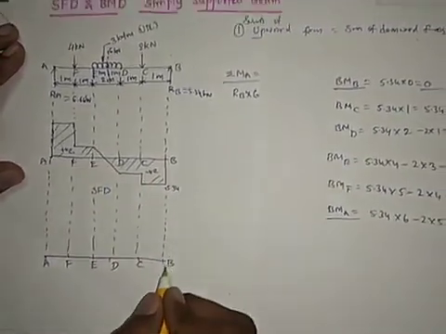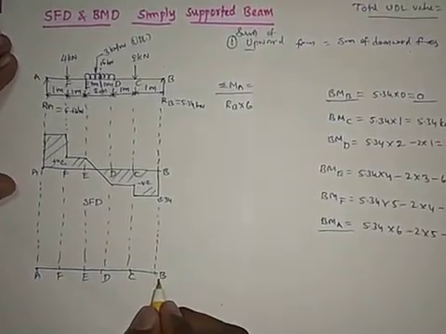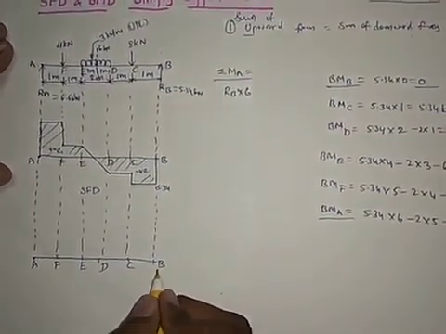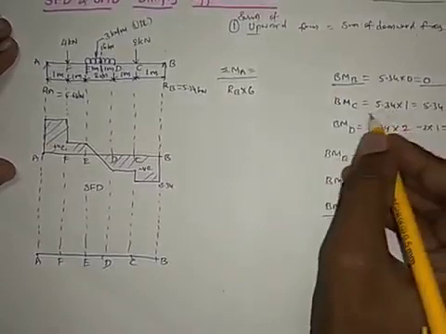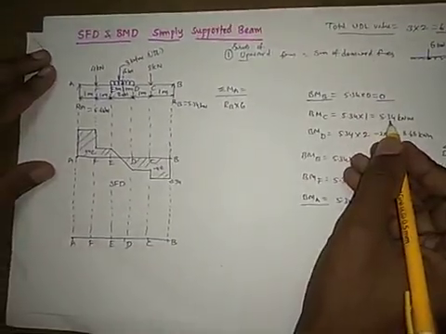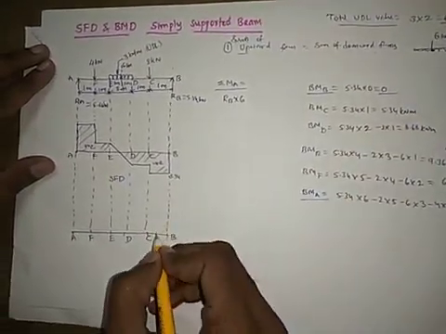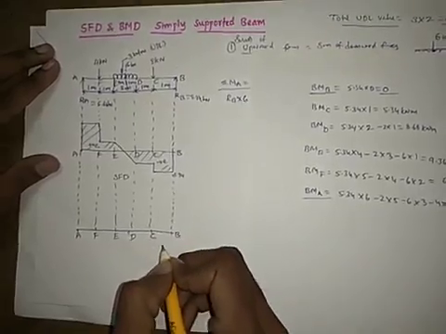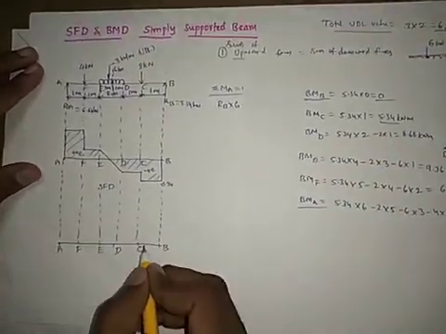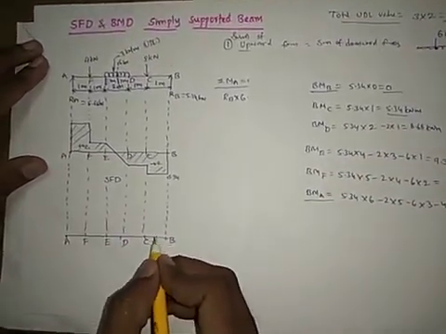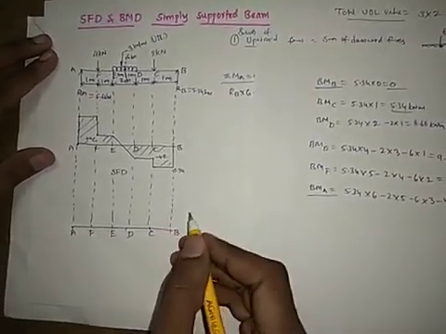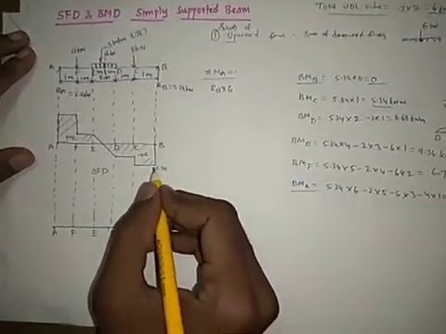So suppose we have to draw the bending moment: first point at B it is 0 anyway, and at C it is plus 5.34. I told you plus is above the line, minus is below the line, so plus value means from B to C we write above, that is positive. And it will depend upon the shear force diagram.